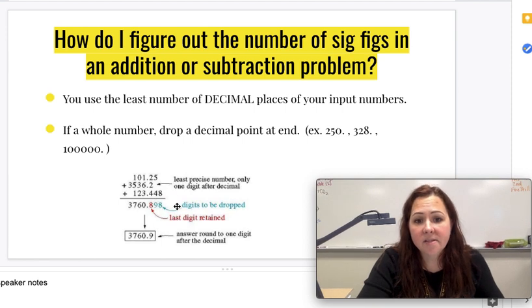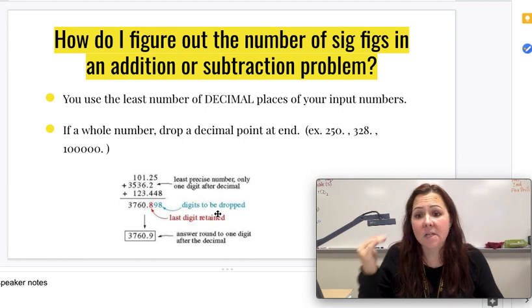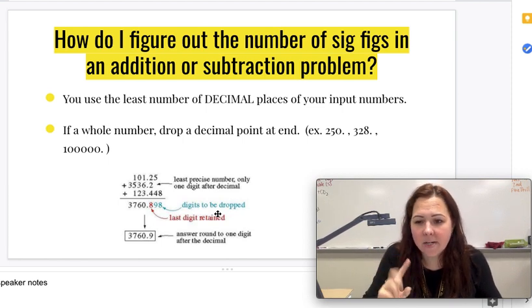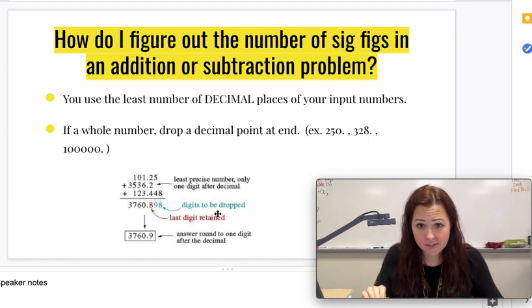Looking at this example here, this one has 2 decimals, that one has 1, this one has 3. So when we do the math problem, you have to round your answer to only have 1 decimal place, the least precise number. If you're doing addition or subtraction, either one, you're using the least precise number. The least precise number has the fewest number of decimal places.